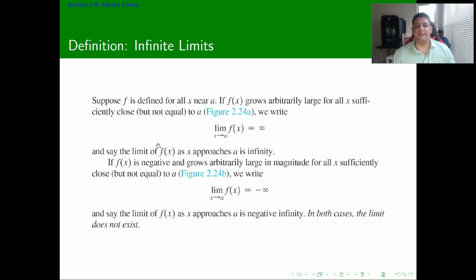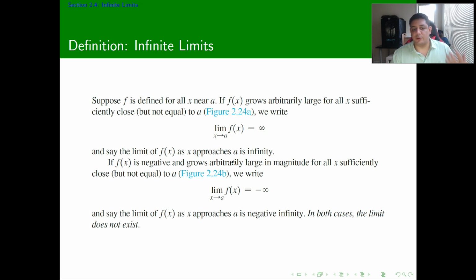Now, let's see the definitions of this. Suppose we're near a point a, and f is growing arbitrarily large for all x sufficiently close but not equal to a. We're going to write that the limit when x goes to a of f of x is infinity.